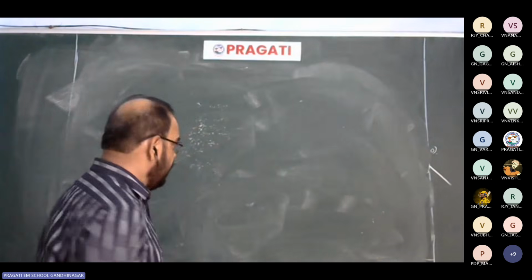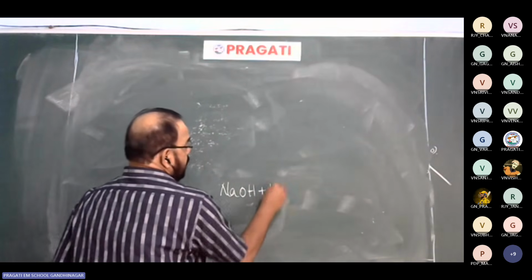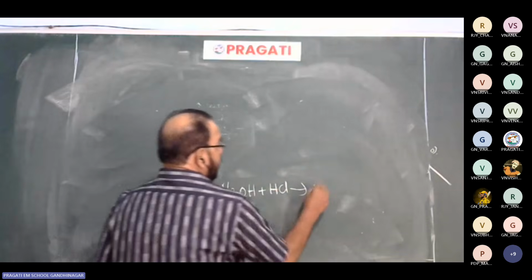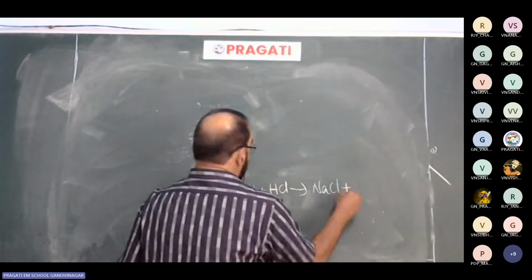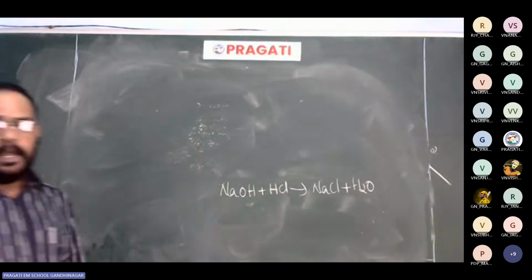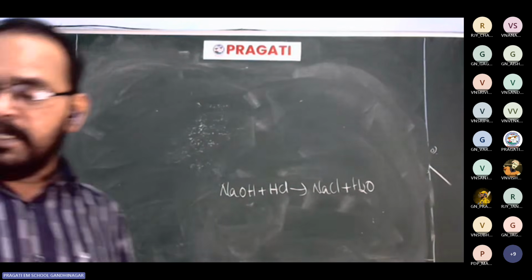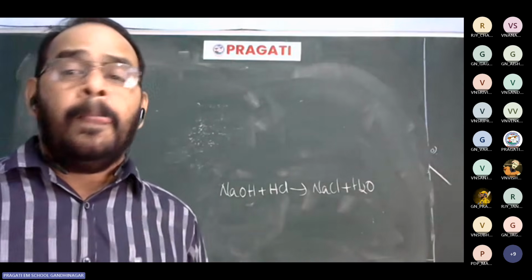You can write any one example: NaOH plus HCl gives NaCl plus H2O. Neutralization reactions are exothermic reactions.